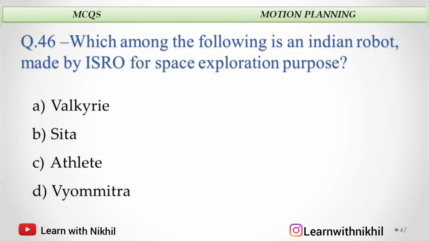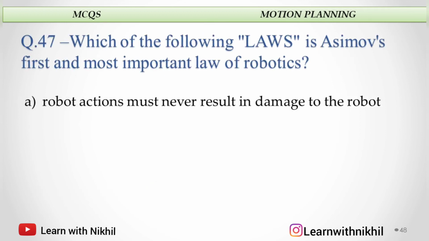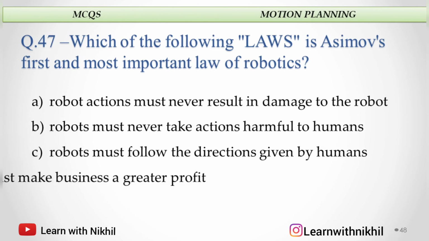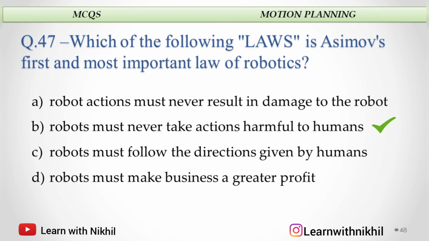Valkyrie, Sita, Athlete or Vyomitra? And the answer is Vyomitra. Which of the following laws is Asimov's first and most important law of robotics? The most important law is a robot must never take action harmful to humans.